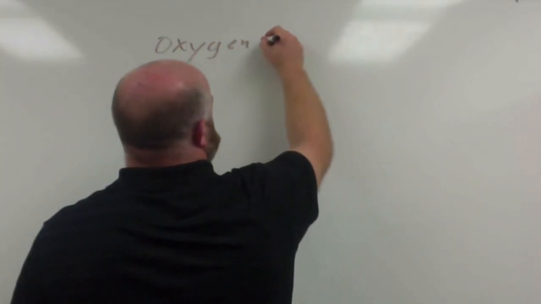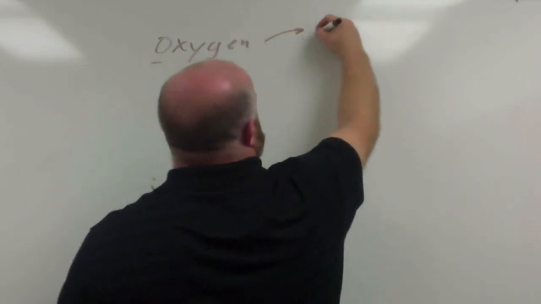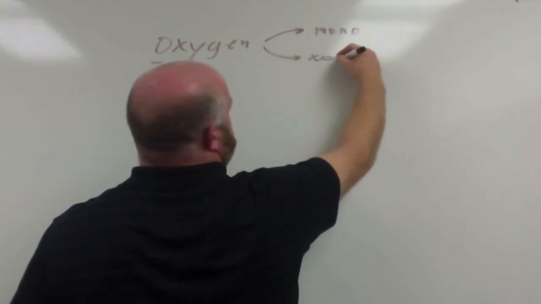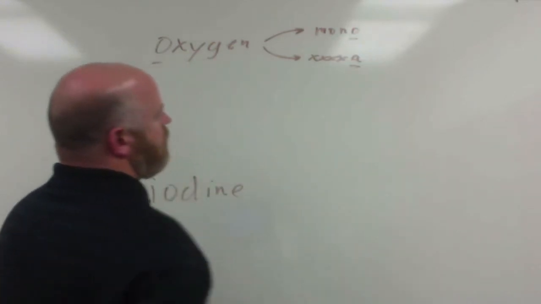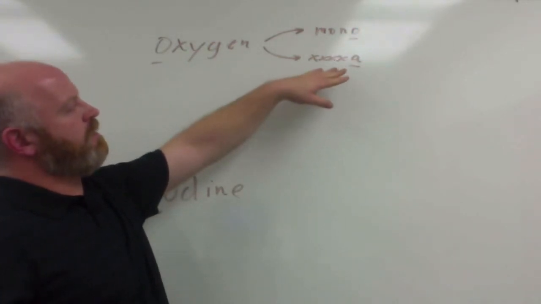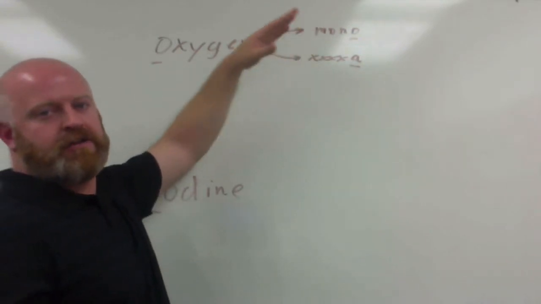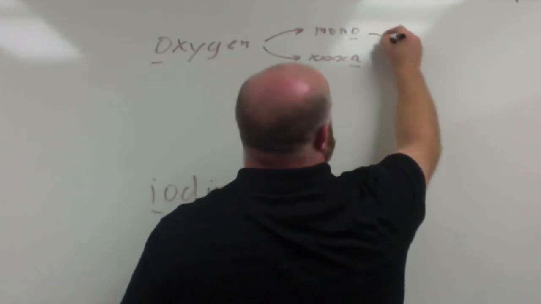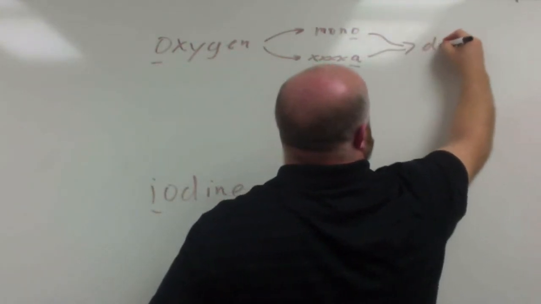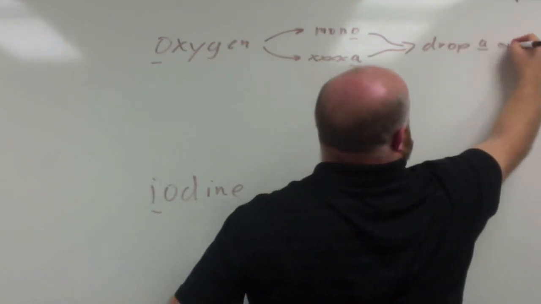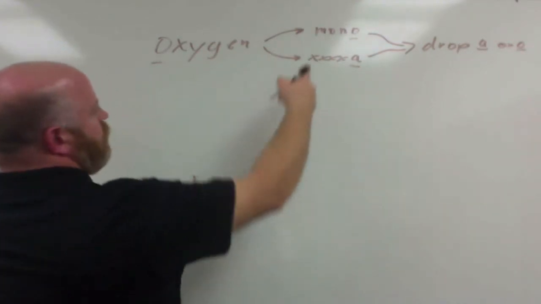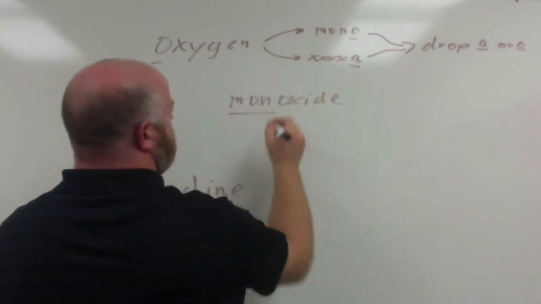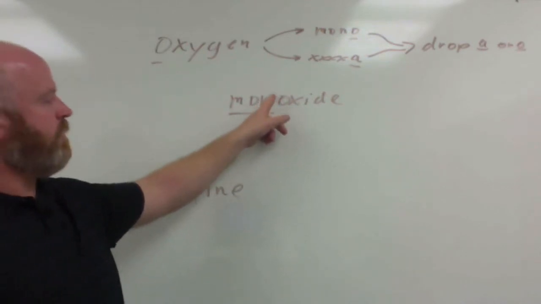So for oxygen, for mono, or any prefix that ends in an A, so that could be hepta, deca, nona, penta, hexa, tetra, anything that ends in an A or an O, we want to drop the A or the O. So for mono, we would say monoxide. We don't have monooxide, so we get rid of the extra O.